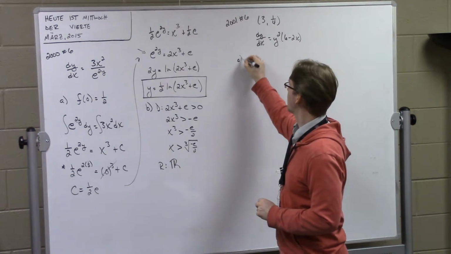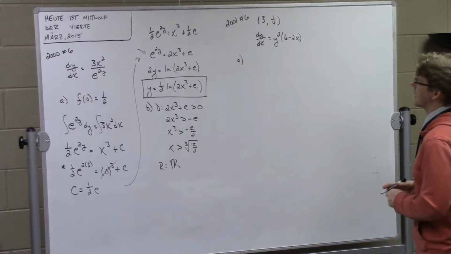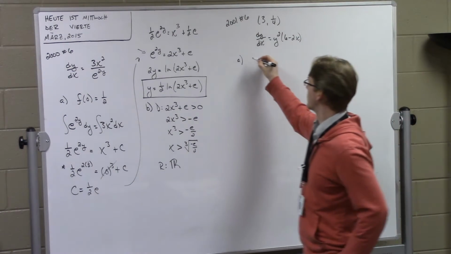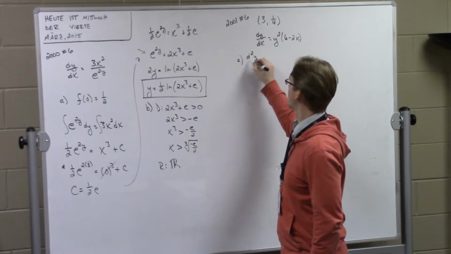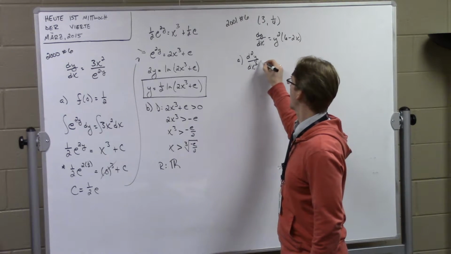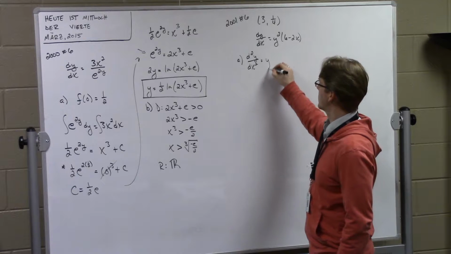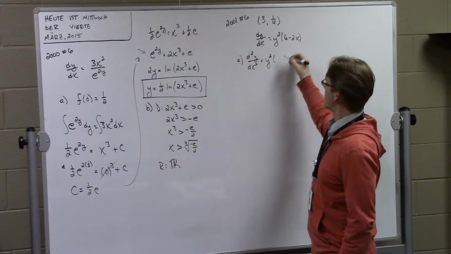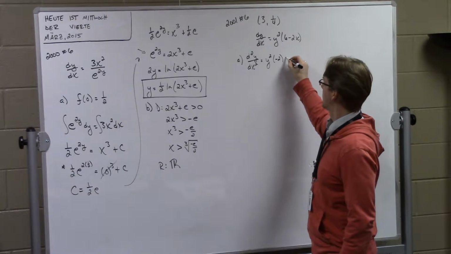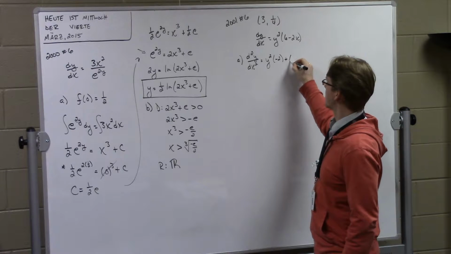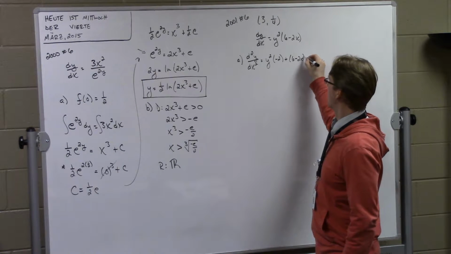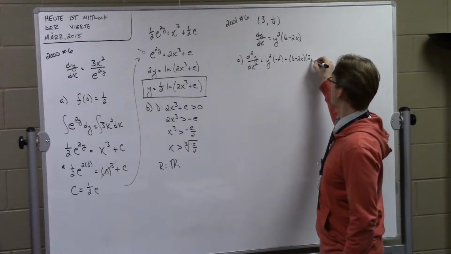Okay, part A. So take a derivative of that. Second derivative, it's going to be a product rule. I'll keep the first, derivative of the second, plus keep the second, derivative of the first.